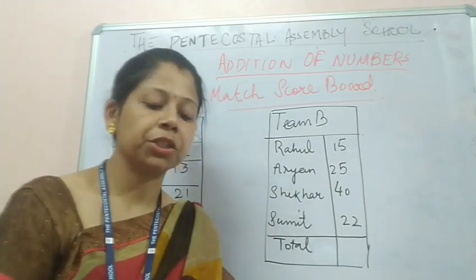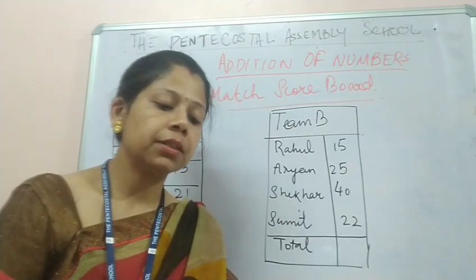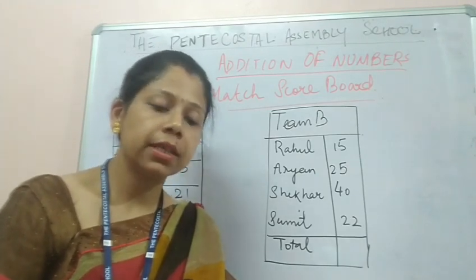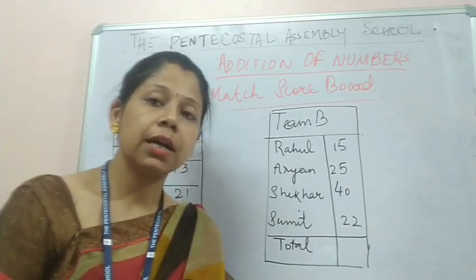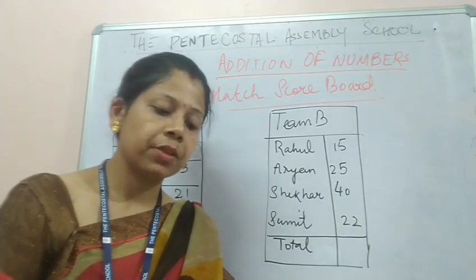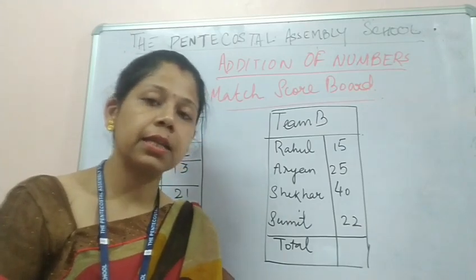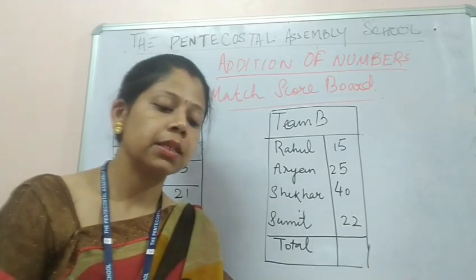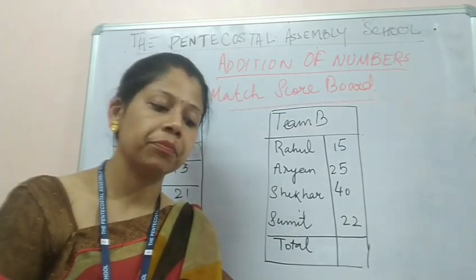Okay, the next question. Write a 3-digit number where the digit in the tens place is the difference between the digit in the hundreds place and ones place. Digit in the hundreds place is 8 and the digit in ones place is half of the digit in the hundreds place.